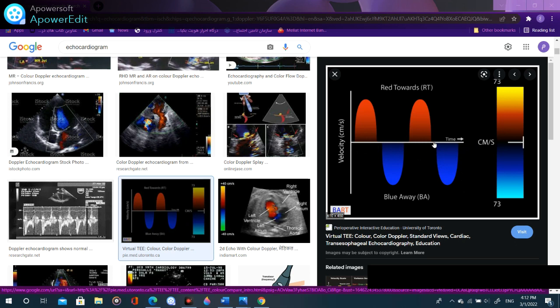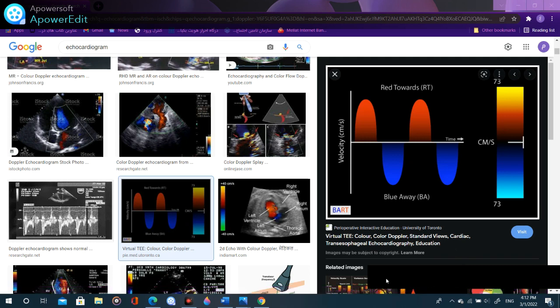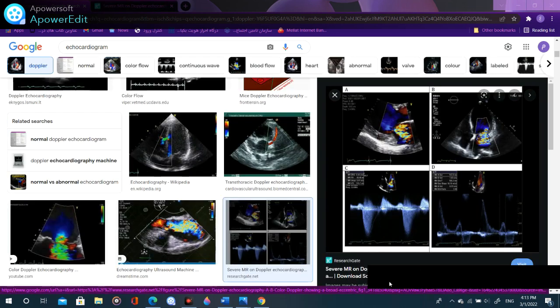This is my baseline. The positive flow is up from the baseline, and negative flow is down from the baseline.